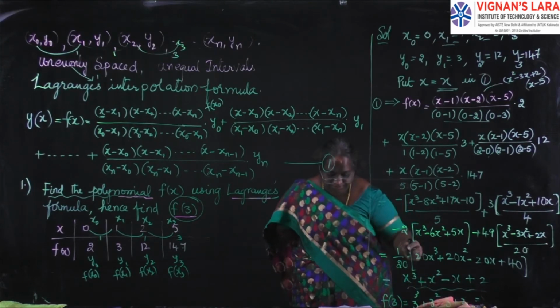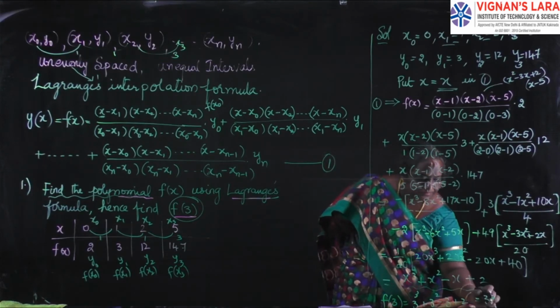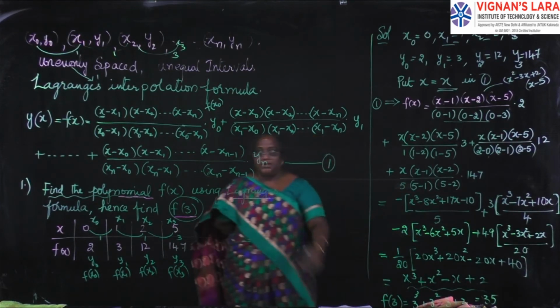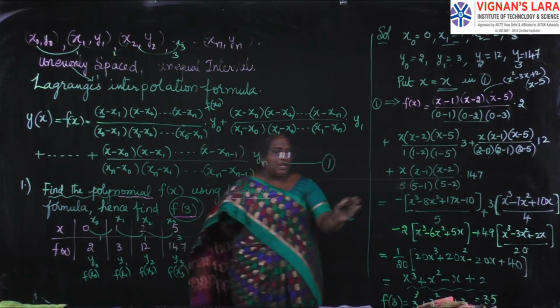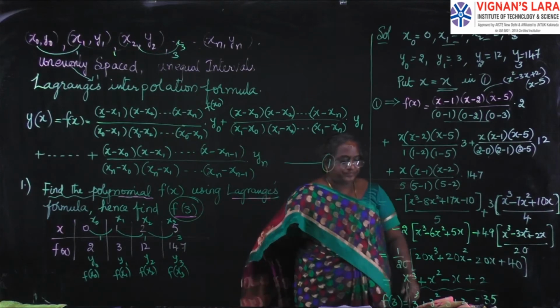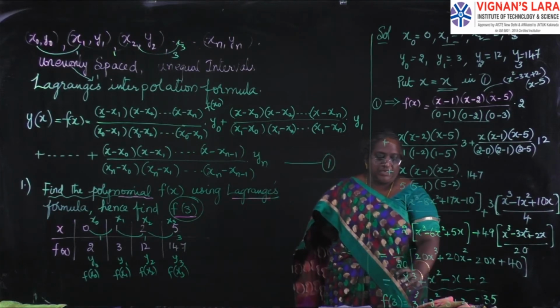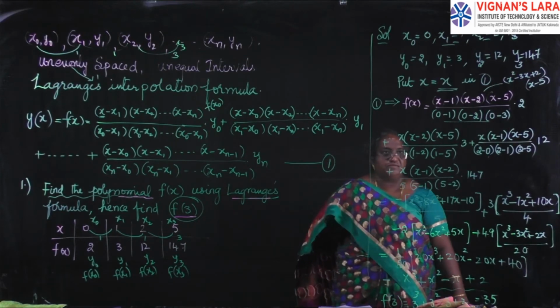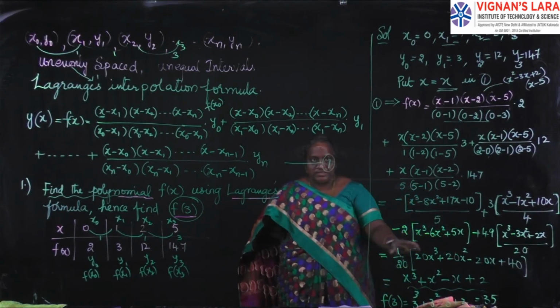So your answer will be 35. That is how you have to find it. This is one model where you have to find the polynomial and hence find the required value of y for a given value of x. So it is 35.